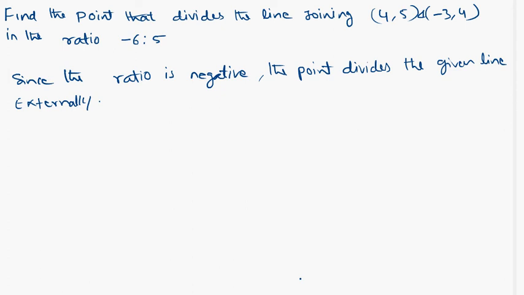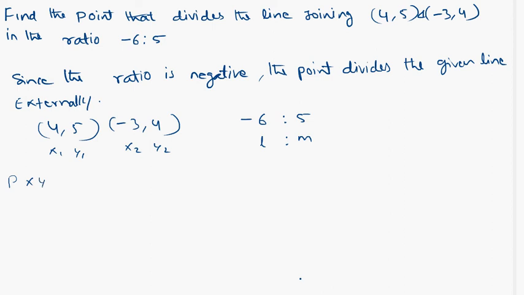Now we have the coordinates 4, 5 and -3, 4 of the line segment, x1, y1, x2, y2, and also the ratio -6:5, L and M.